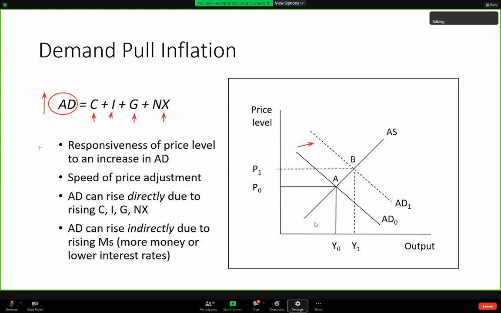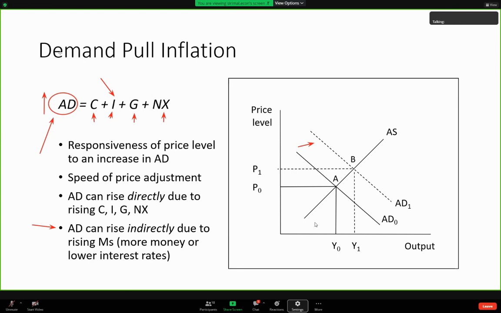Directly, people, the public, can purchase more. Indirectly, the interest rate now should go down, and the interest rate is a determinant of aggregate demand, particularly I in our model is determined by the interest rate.